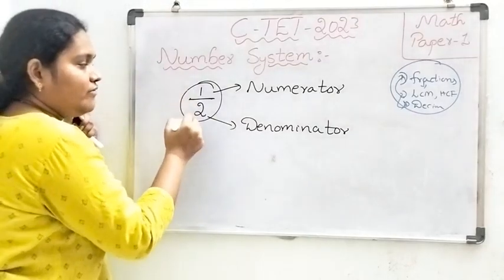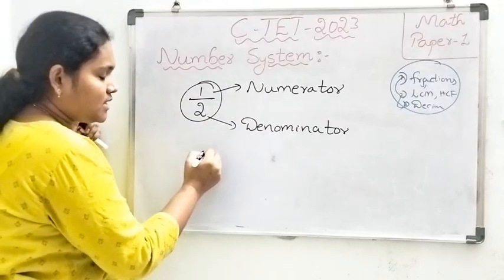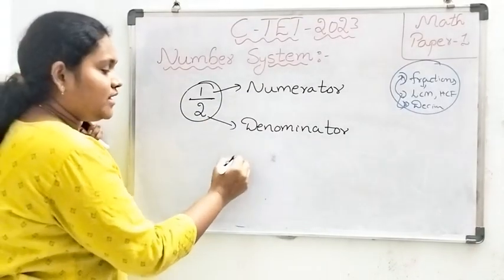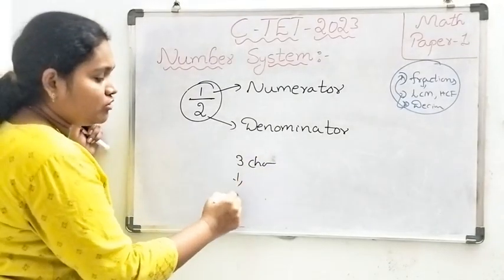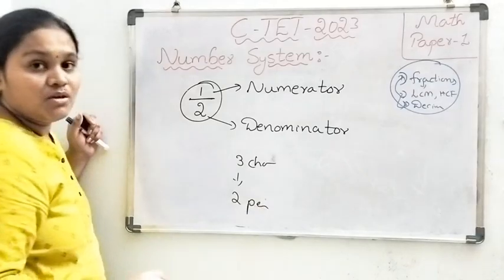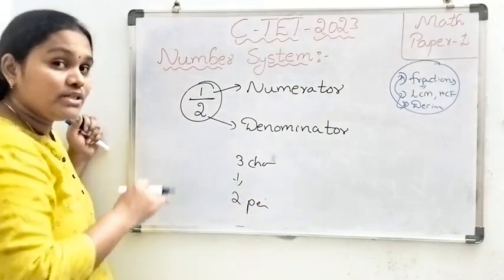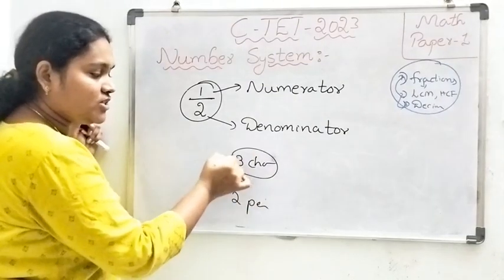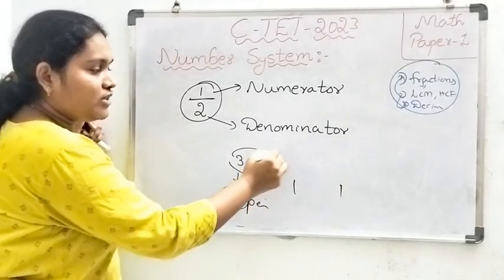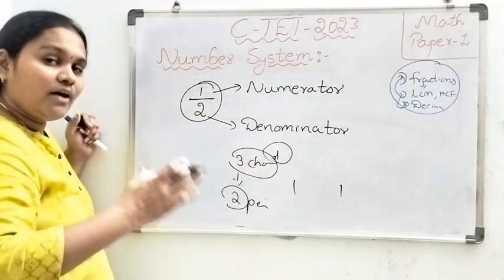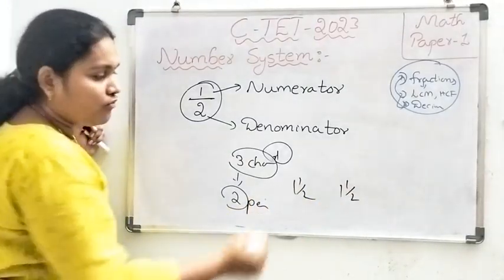Now, every time we can't observe the same thing. Sometimes there are 3 chocolates but only 2 persons, and they have to distribute equally. Each one will get 1 and 1, and the remaining 1 chocolate they have to divide equally: first person half, second person half.